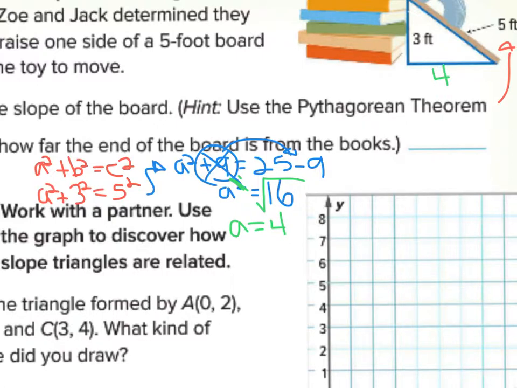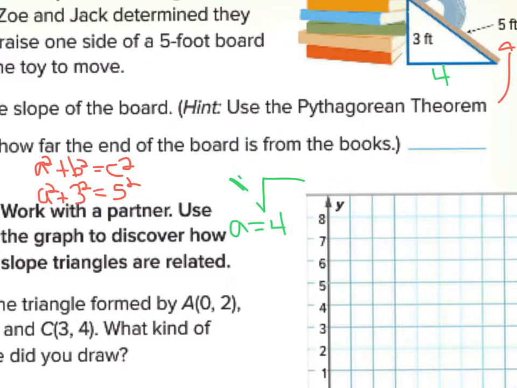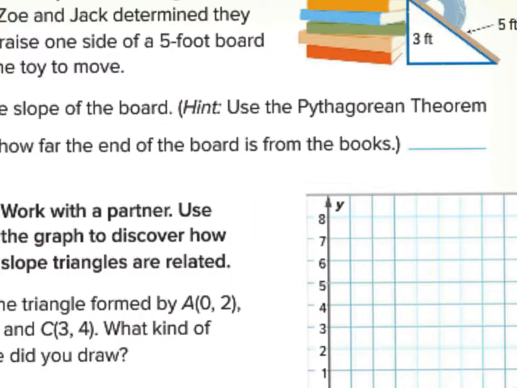Okay, so now they want us to find the slope. Well, how do we find the slope to all this? We take what we know. I'm going to erase all this here. We know that this is 4 feet, so I have a run of 4, and I have a rise of 3.